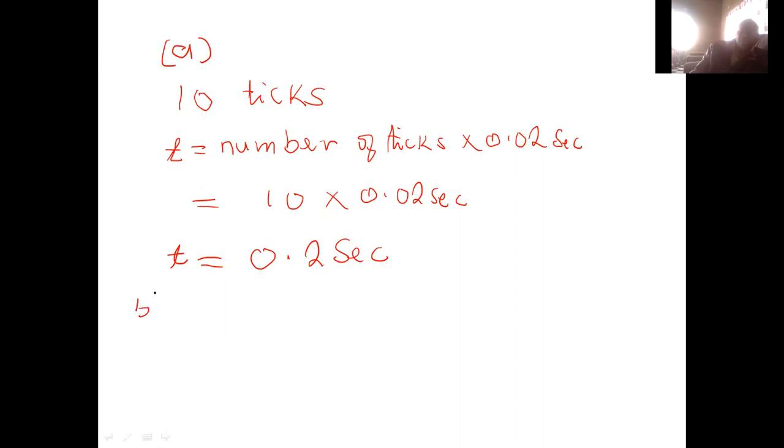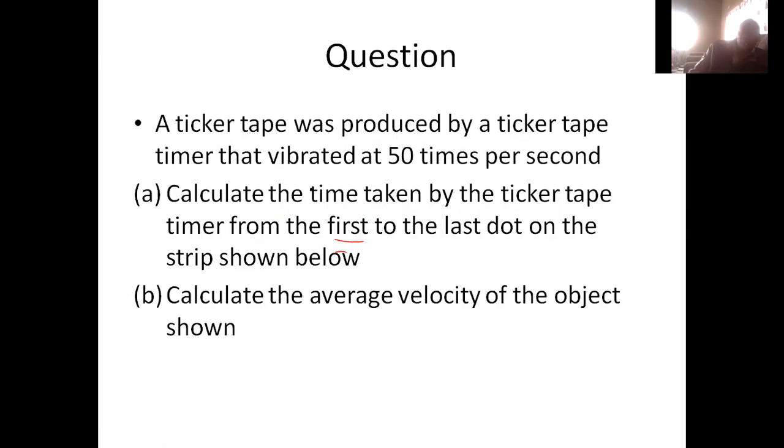Number B, calculate the average velocity of the object shown.